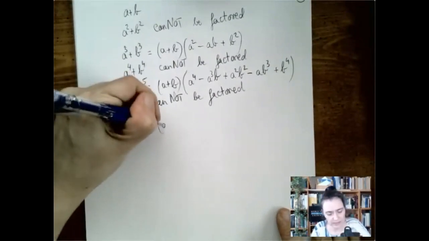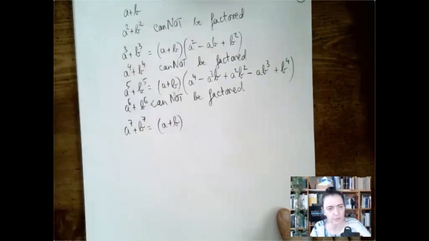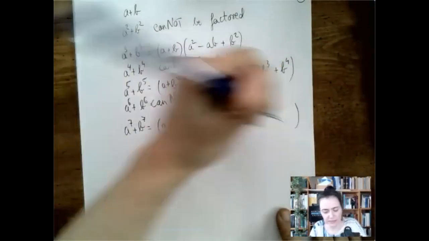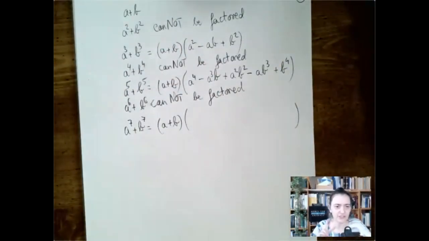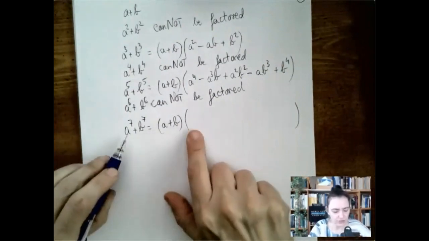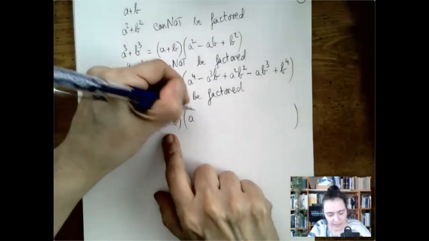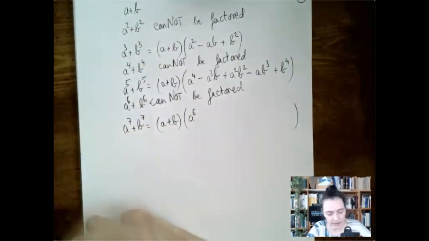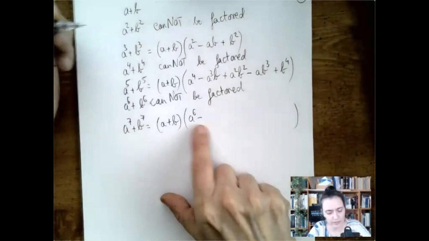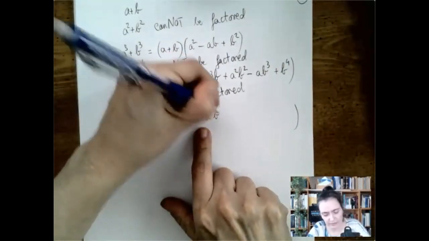The short piece is copying the other side without the exponents. And the longer piece is going to be, as before, it's just now the conjugacy is in the second long piece. So you match a to the 6 times a is going to be a to the 7. And then this was a plus, so we go minus a to the 5 b.